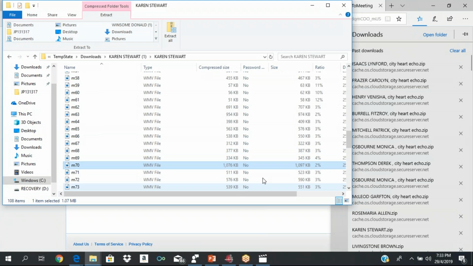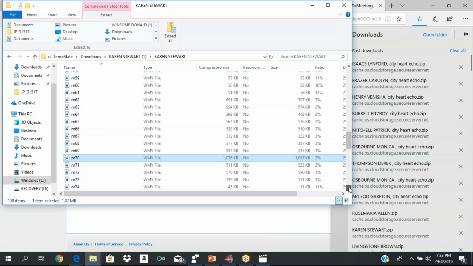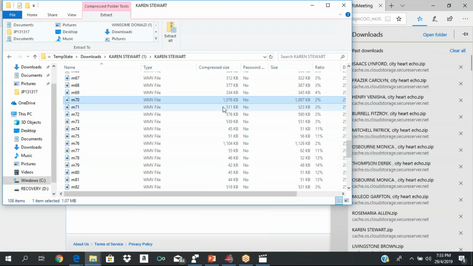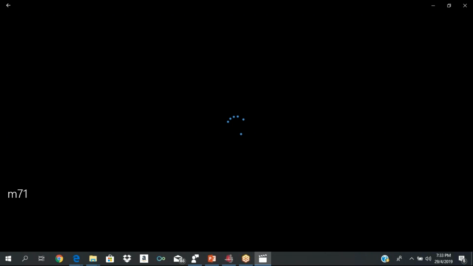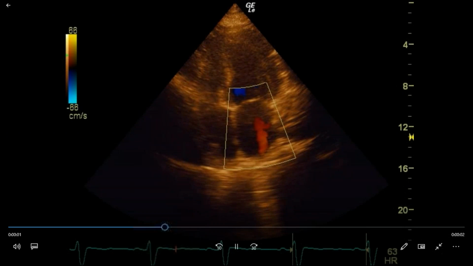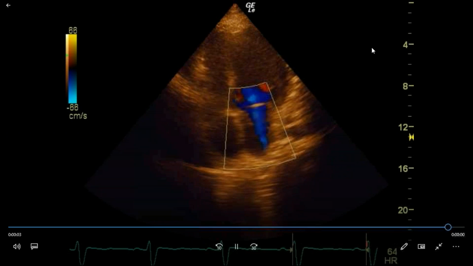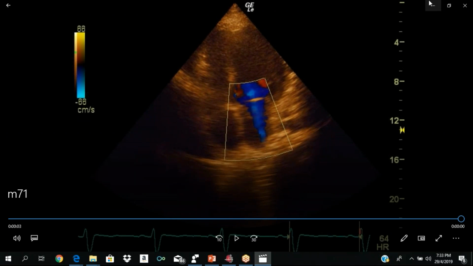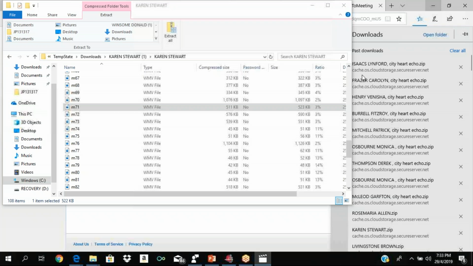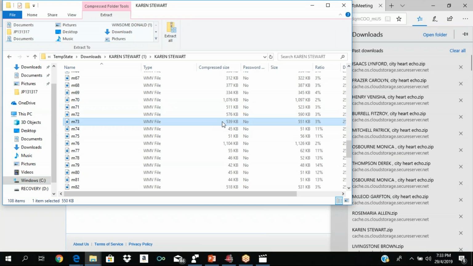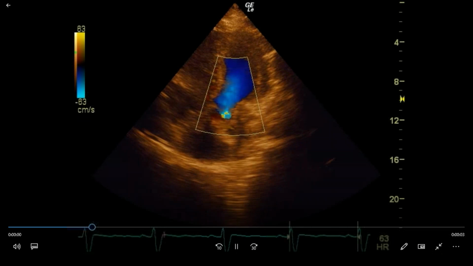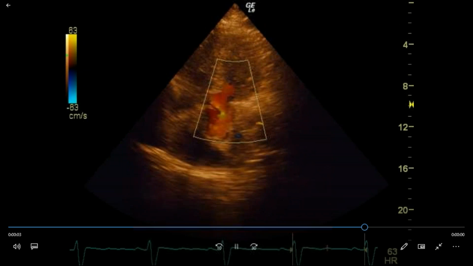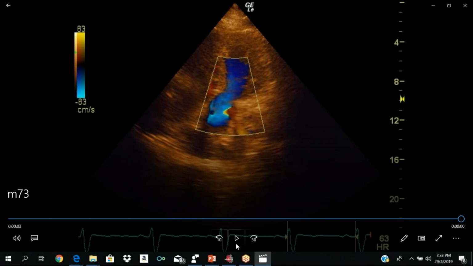And once you have a lot of studies under your belt, you should always do your ejection fraction, but sometimes you can eyeball it and give a fairly accurate ejection fraction.